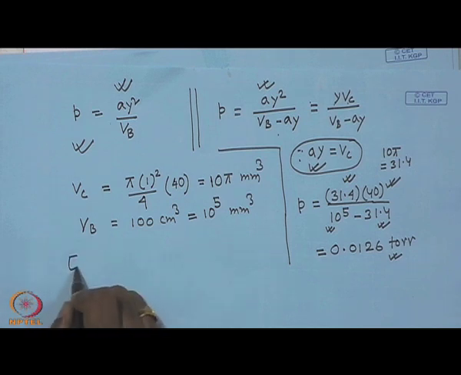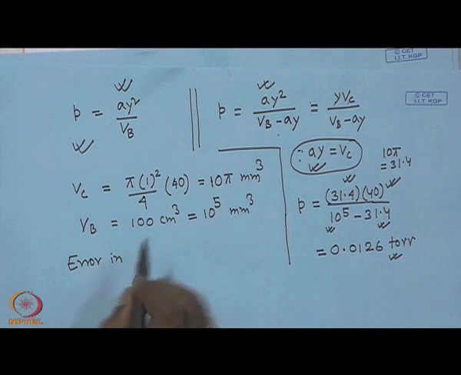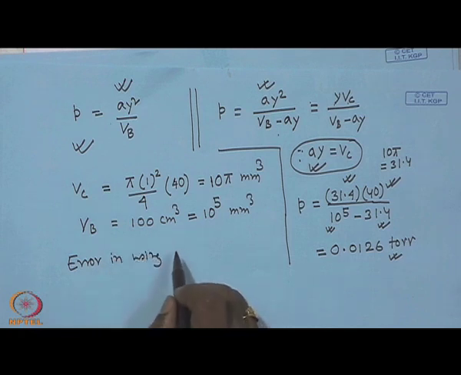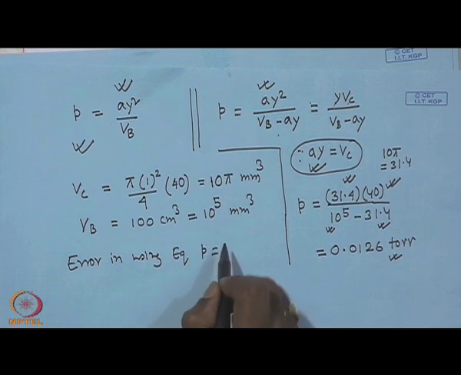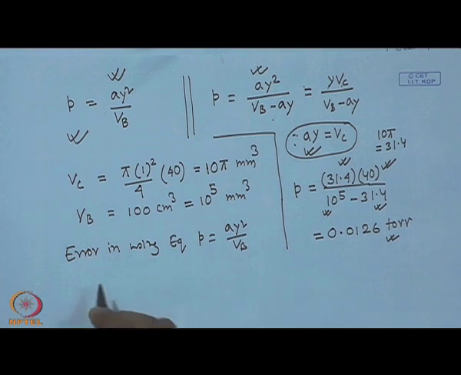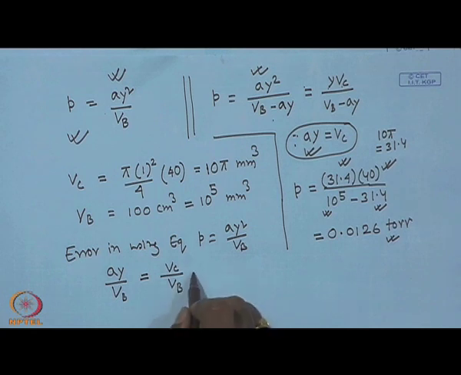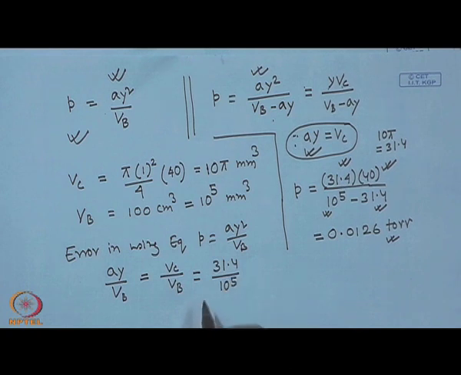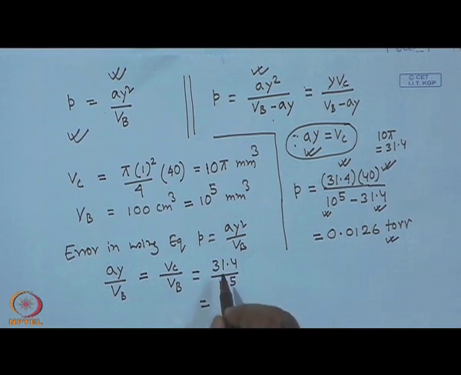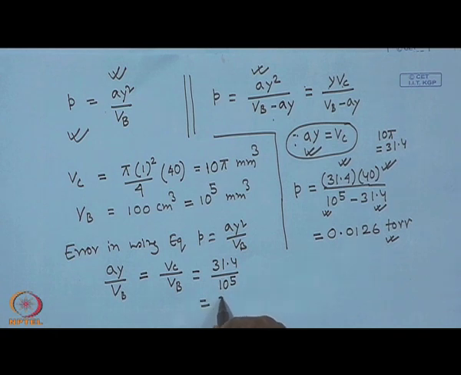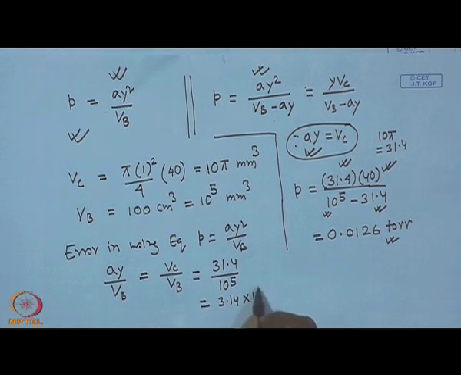In fact, the error in using equation P equal to Ay square by Vv will be, because Ay equal to Vc, which is 3.14 into 10 to the power minus 4.